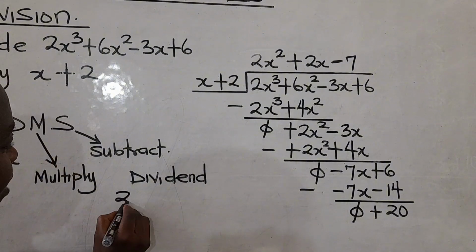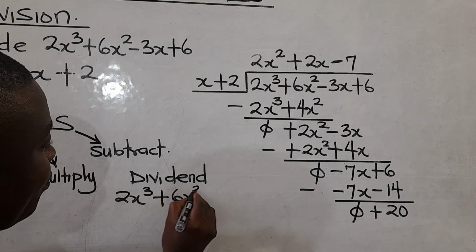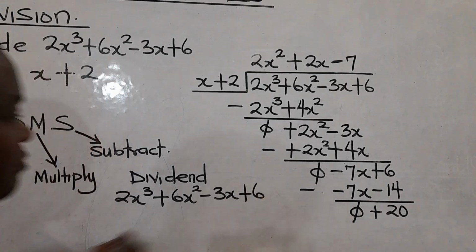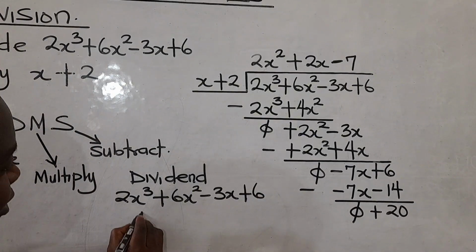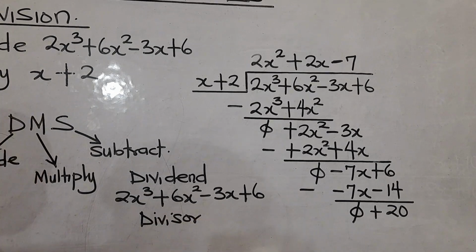So our dividend is 2x cubed plus 6x squared minus 3x plus 6. Our divisor, whatever you choose to call it, is x plus 2. Our quotient, I'll just mark it now.